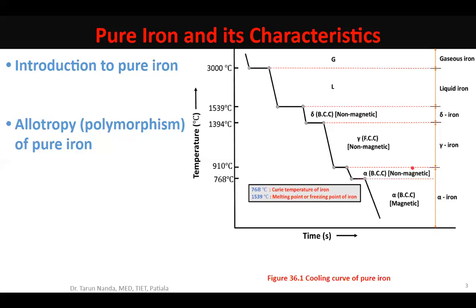Okay, so then as the iron reaches 910, it starts changing its crystal structure from BCC to FCC, and we say that a new phase begins to appear in iron.